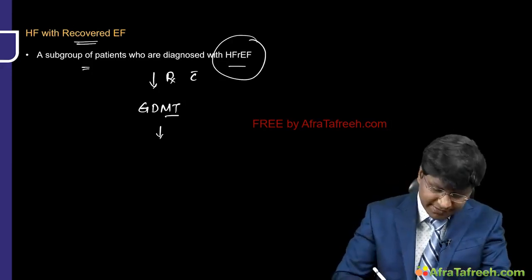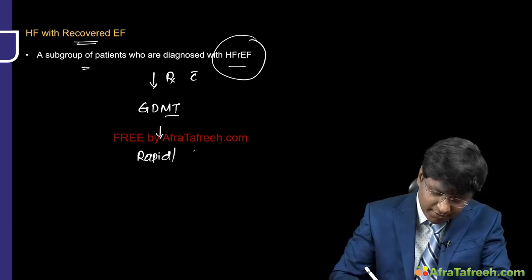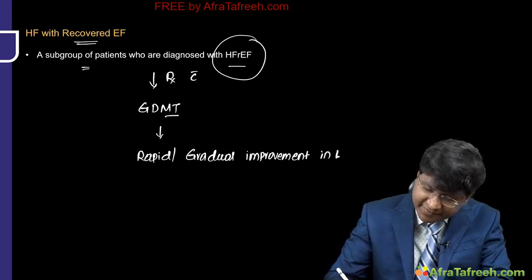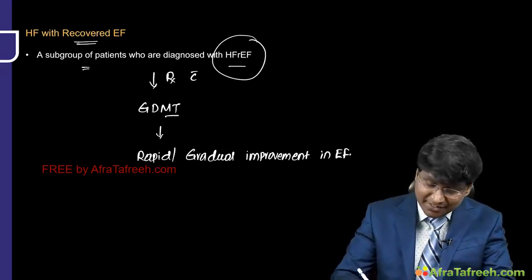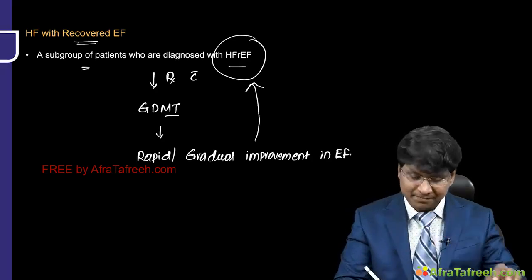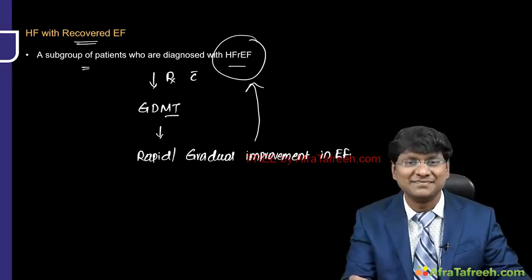Okay, so there will be rapid or gradual improvement in the ejection fraction of the patient. Now this particular group of individuals, they have been referred to as heart failure with recovered ejection fraction, right?